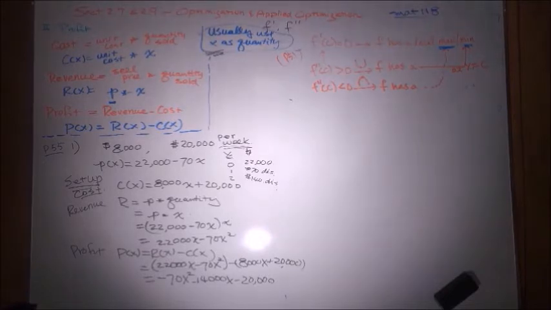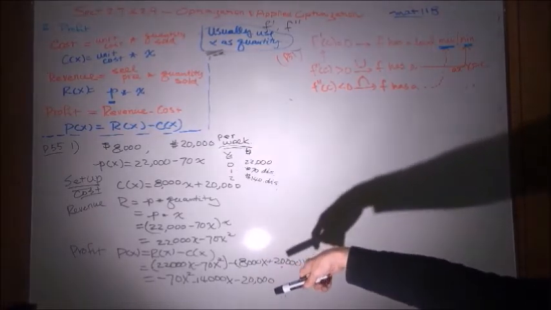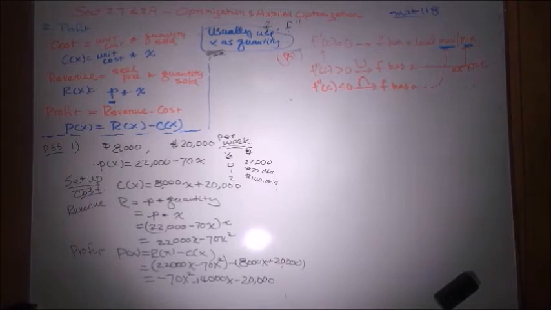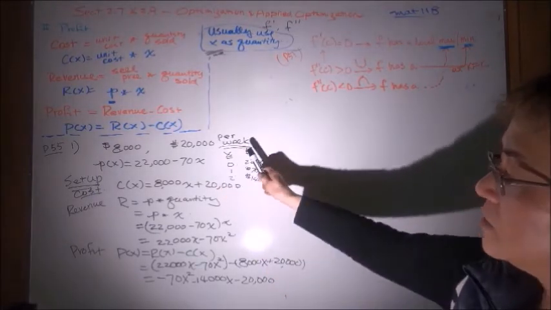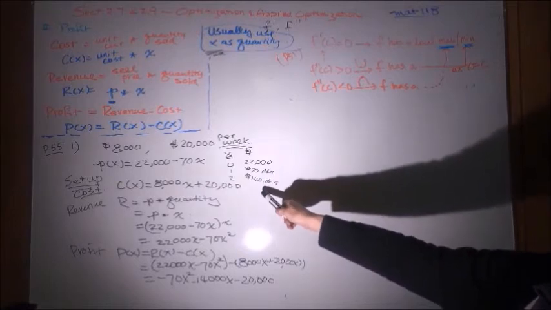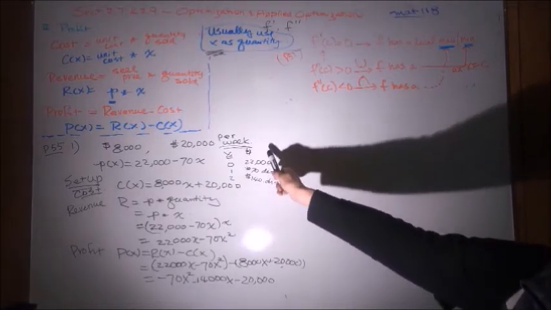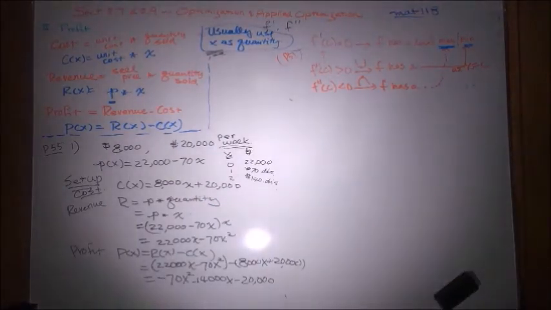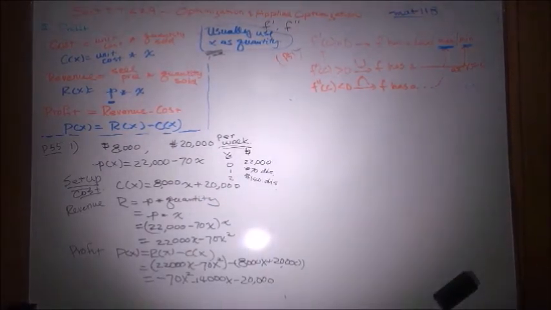Okay, so first you have to write down all your equations according to your thinking, right? Your thinking is what? You are going to give a discount, $70 for each car, with original pricing of $22,000 per car, right?